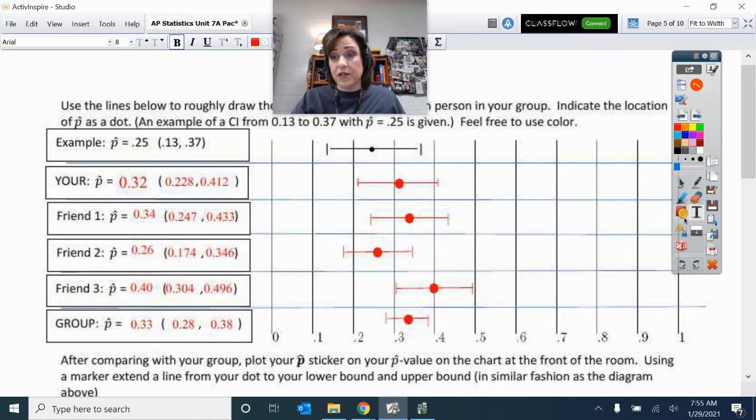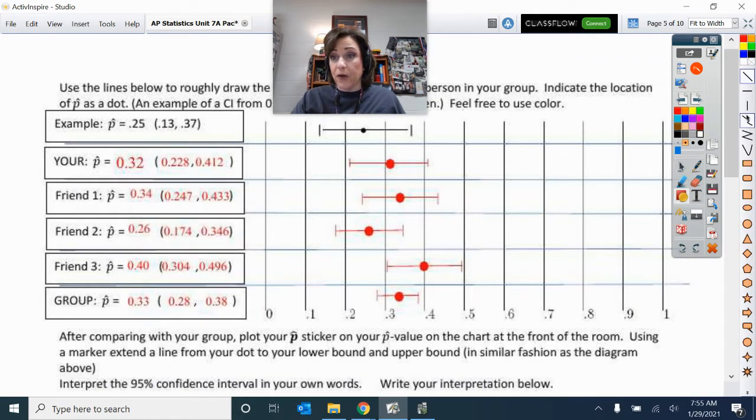Like, for example, this is interesting what I see here. I see that this amount right here seems to be captured by all of the intervals.